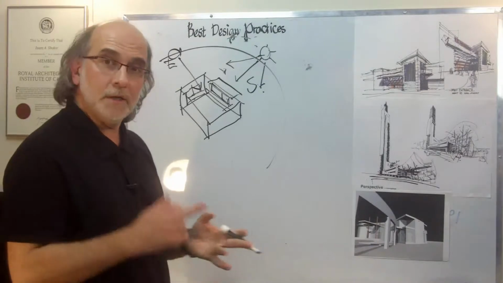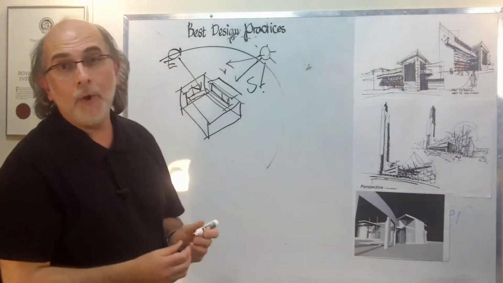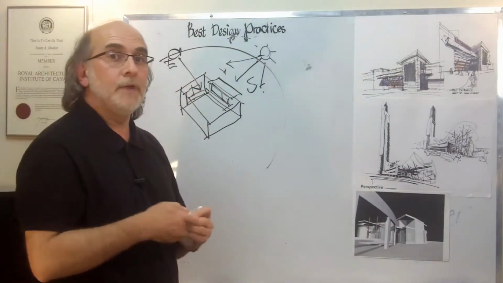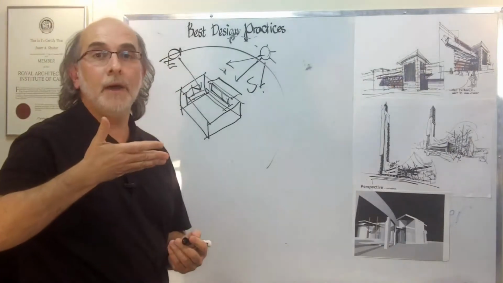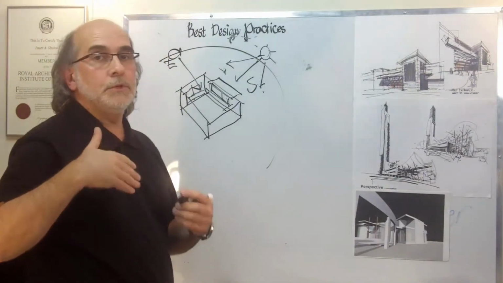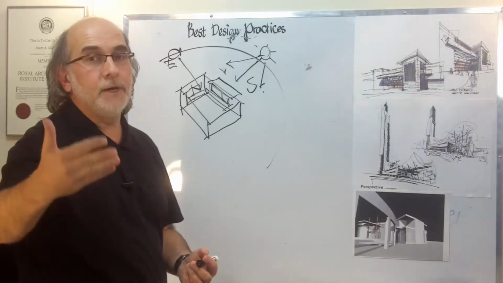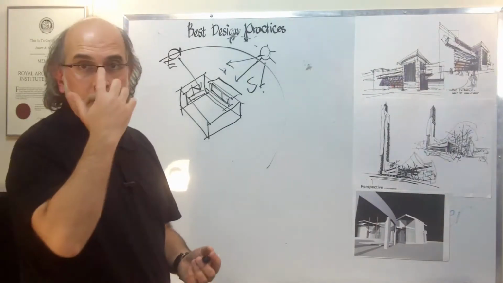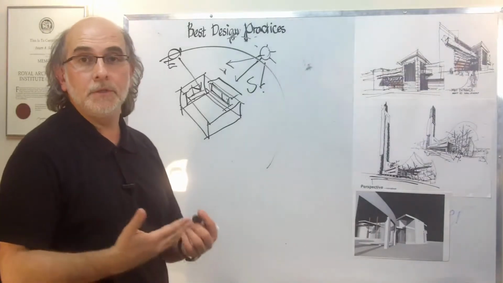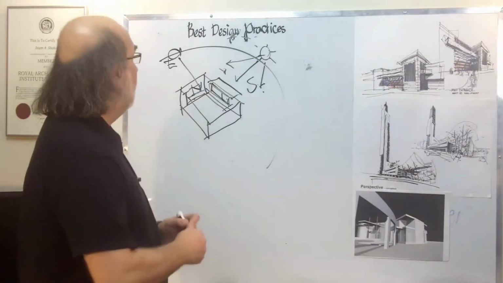That's first of all. Second of all, it will be at a low angle. The south would also allow us to have overhangs or shading devices that prevent the sun from coming through the space in the summertime, which we don't need.